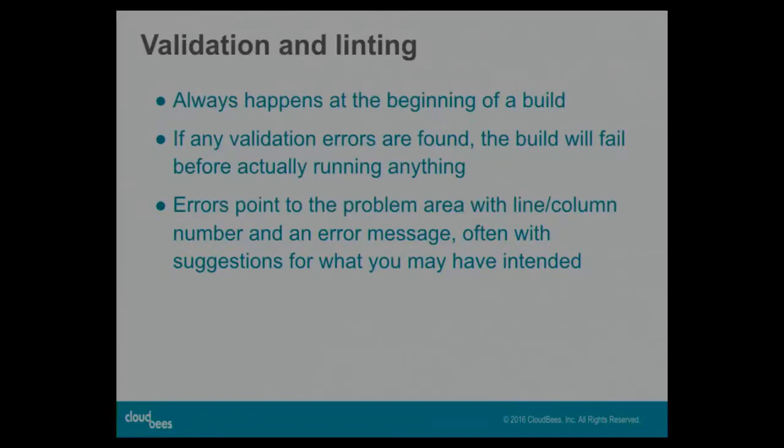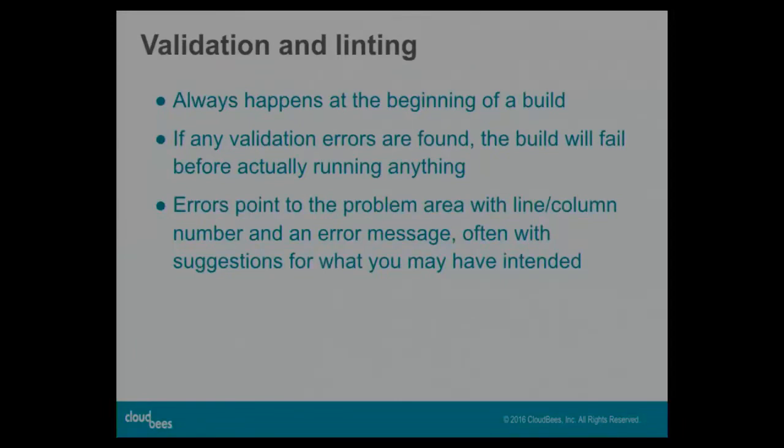Because if you try to do agent banana, there's no agent implementation for banana. It doesn't know what that is. It should tell you that ahead of time and say, well, did you mean one of these? And it will. And it'll do the same thing for parameters. If you give an agent the wrong parameter, if you give a step the wrong parameter that doesn't exist, or you have the wrong type, it's going to tell you that so that you can know ahead of time, oh, right, that's what I need to go fix.